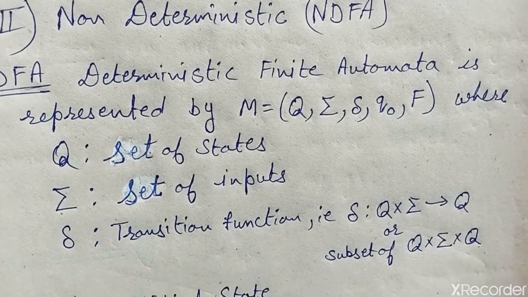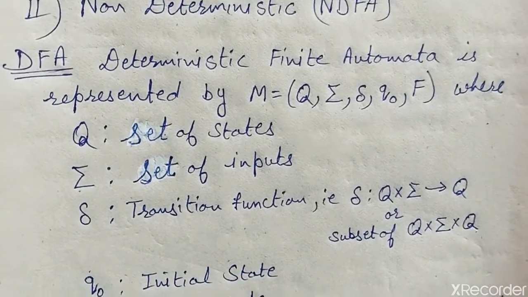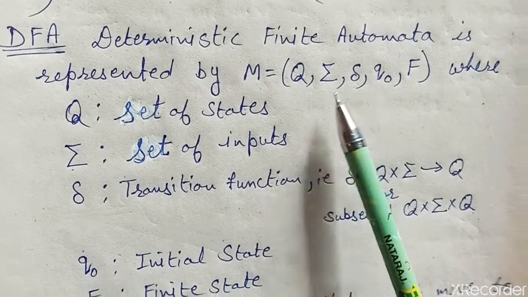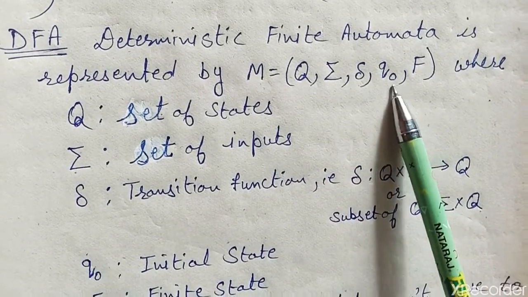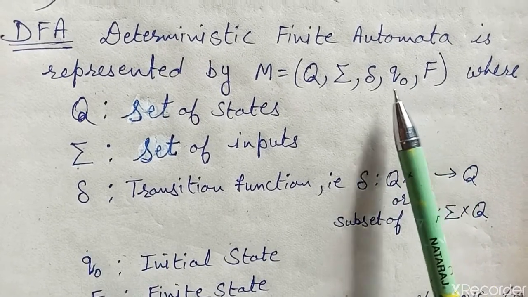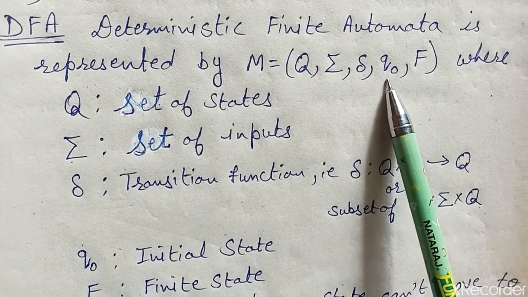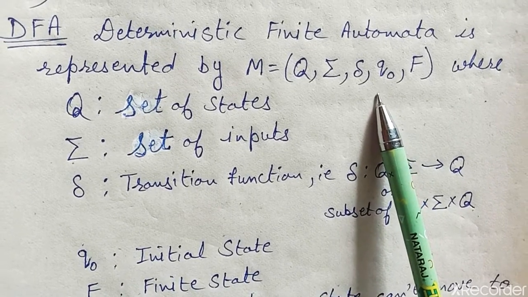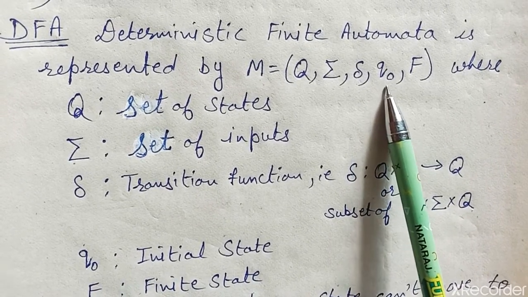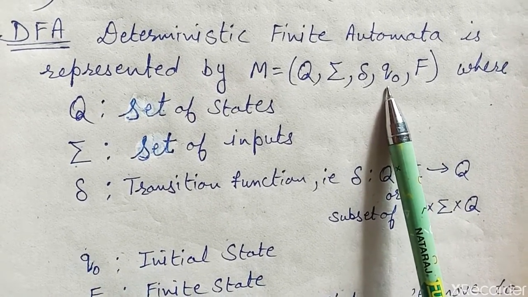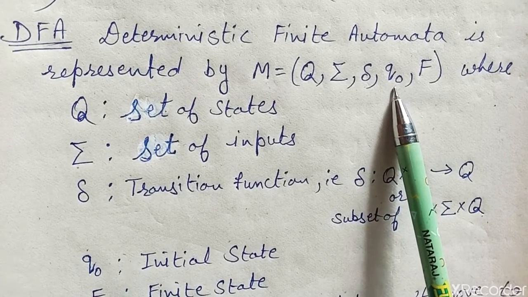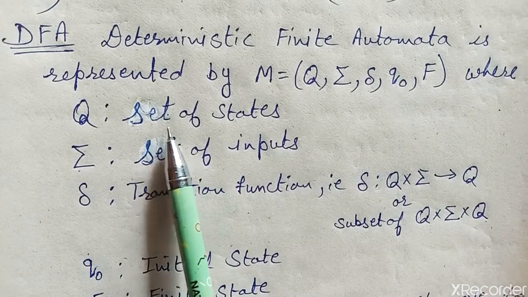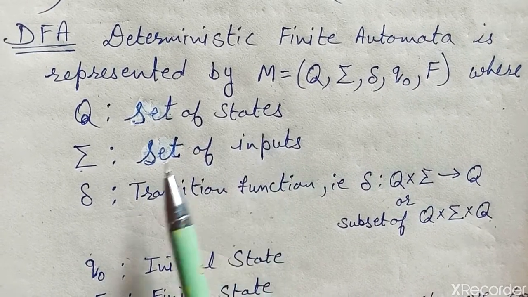Finite automata is represented by 5 tuples M, Q, sigma, delta, Q naught, F. I have already told you states can be represented by Si's or Qi's. So here I am using Q. Q naught means initial state. So now this capital Q is set of all states.